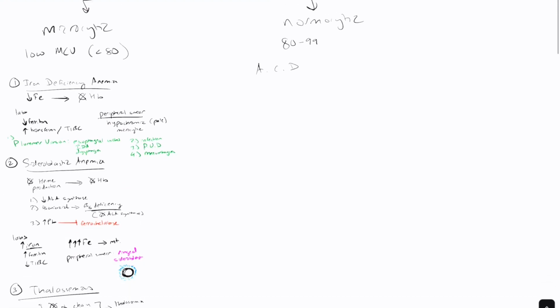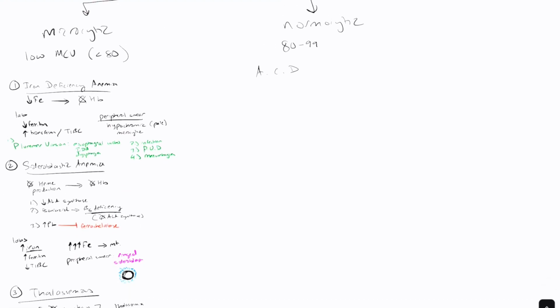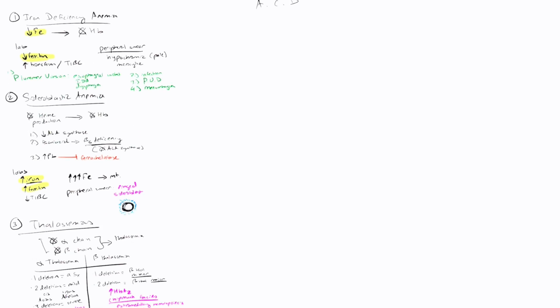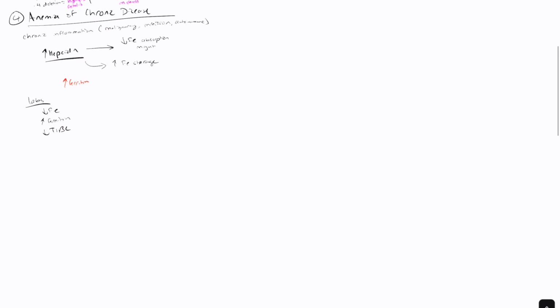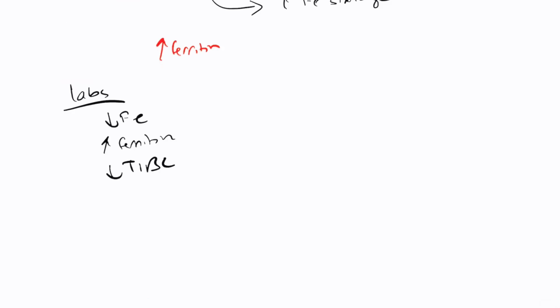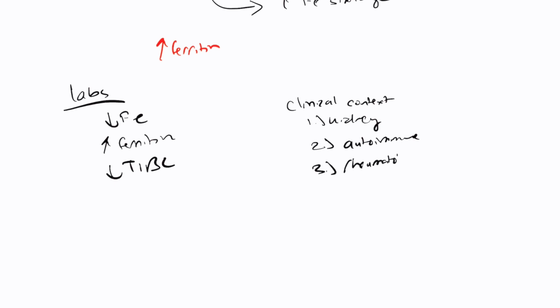Okay, if you notice the other ones, ferritin and iron are basically in the same direction, like they follow the same pattern. Okay, so that's anemia of chronic disease. The main clinical context, right? It can be a kidney patient, it can be an autoimmune condition, and then it can be a rheumatologic disease.